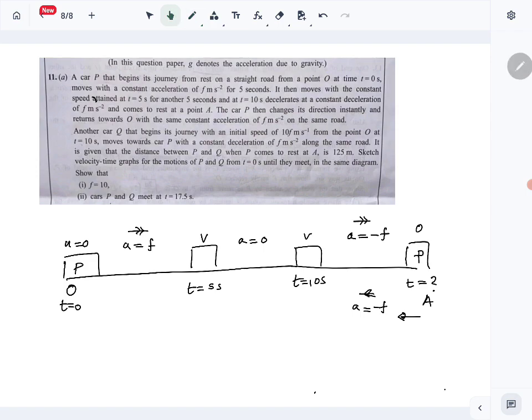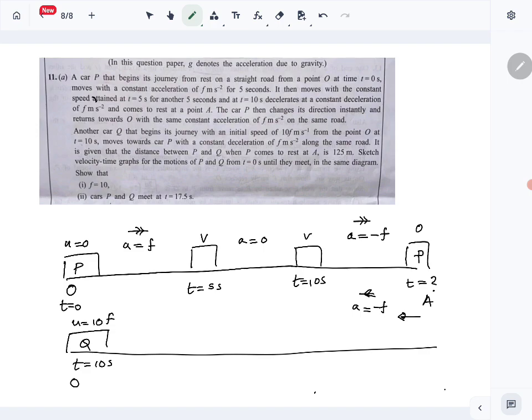Then what else is given? Another car Q that begins its journey with an initial speed 10f from point O at time 10 seconds. So this is car Q. Its initial speed is 10f, and that car starts from O also, at time 10 seconds.